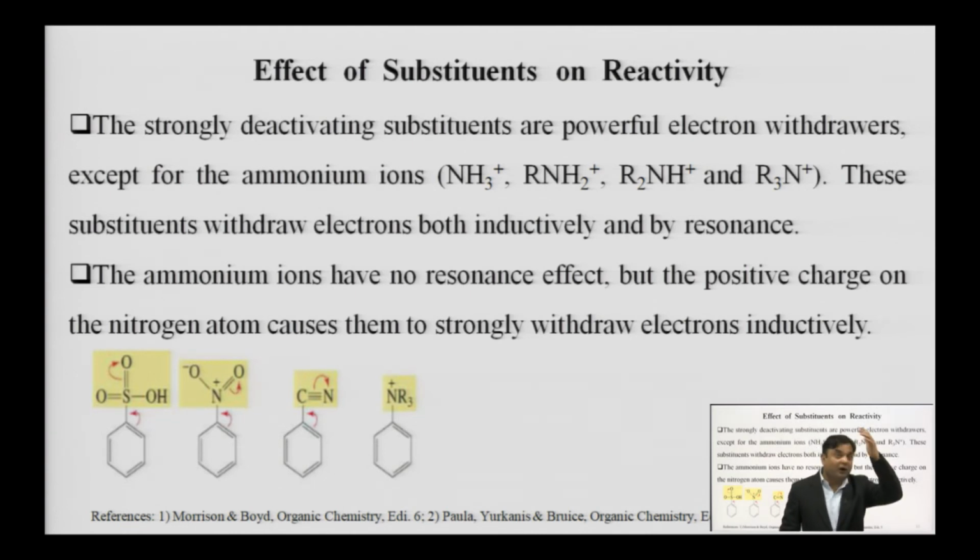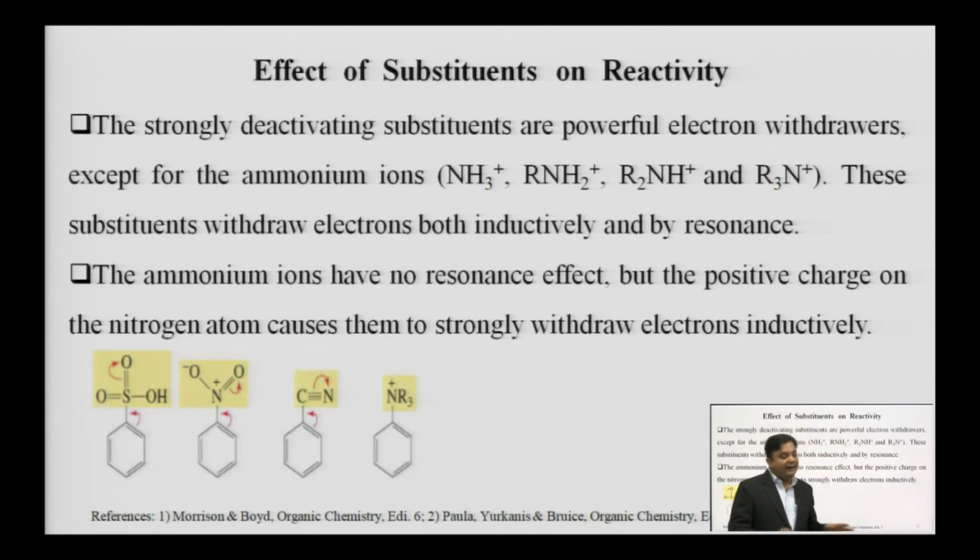So, except for the ammonium ions like NH3 plus, RNH2 plus, R2NH plus or R2N plus, these substituents withdraw electrons by all the possible mechanisms, by resonance as well as by the inductive effect. The ammonium ions have no resonance effect, but the positive charge on the nitrogen atom causes them to strongly withdraw electrons inductively.